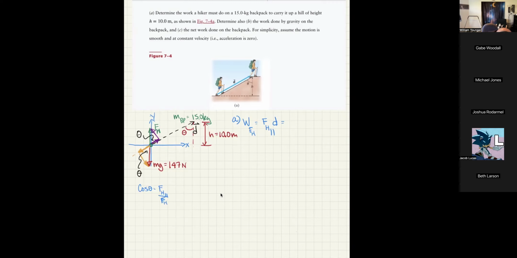So I'm going to say F_h times cosine theta. Now I just have to multiply that by D. But this is kind of neat. It turns out if we look at this other triangle, the one that we see right here, you can see that D times cosine theta is in fact equal to H.